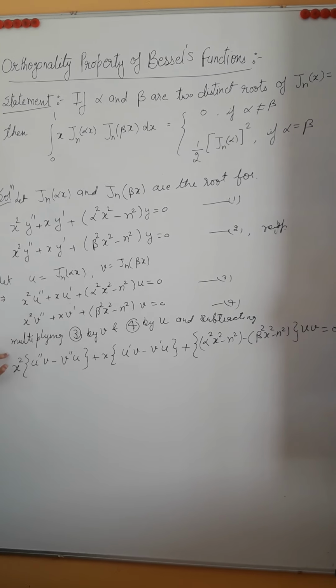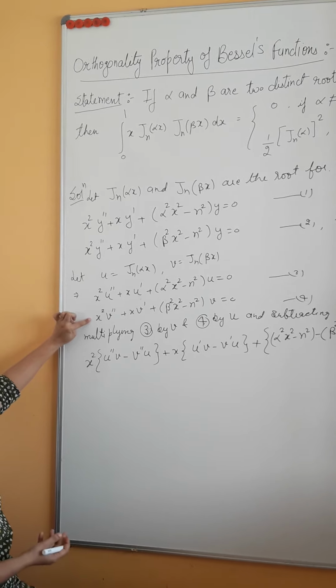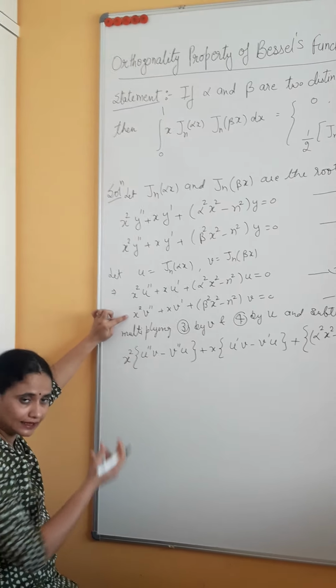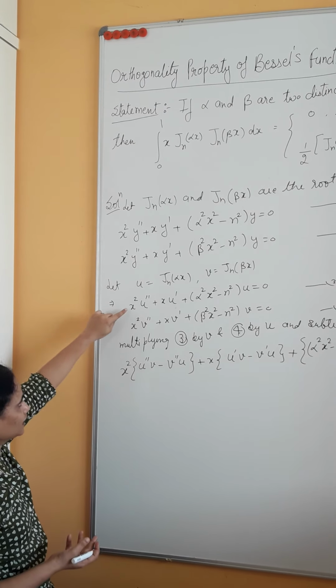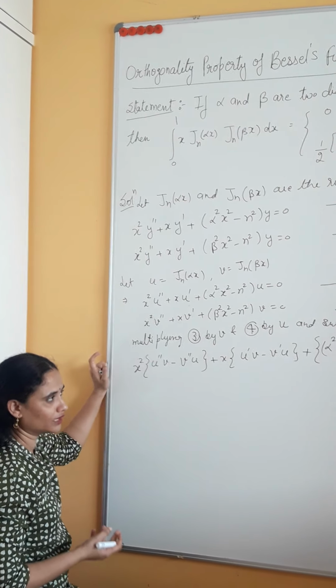You can go step by step, multiply this with v first, then that with u, write down the two equations and then subtract, or directly understand each term, which term is common. I have taken it common and accordingly written.